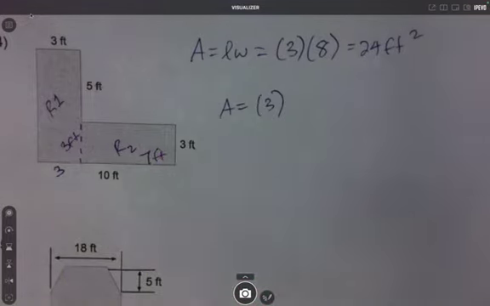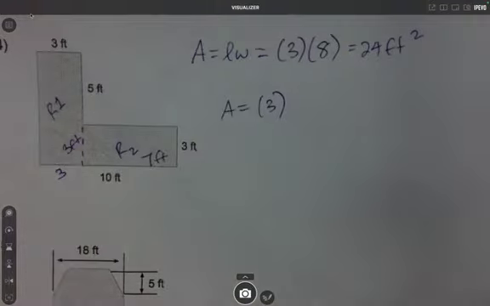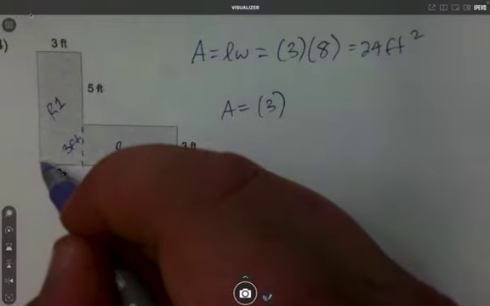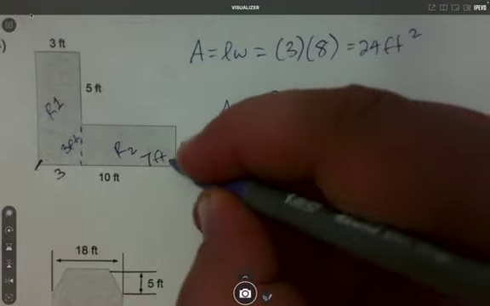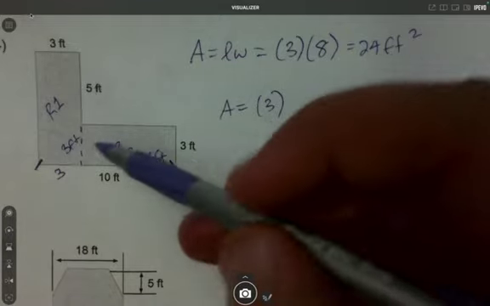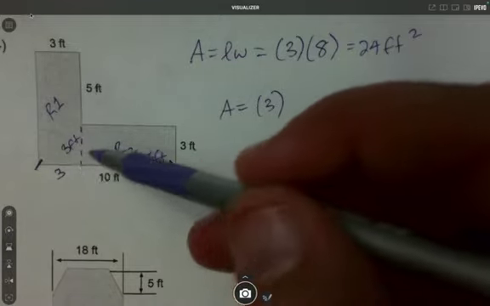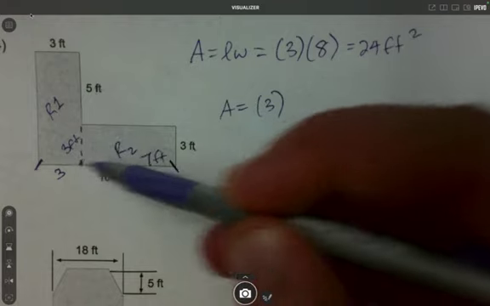So I'm going to pause a second and let you look at that. Again, 10 feet is what this entire length was equal to from here to here. But the way I chose to split up the rectangle, we only want it from here to here.